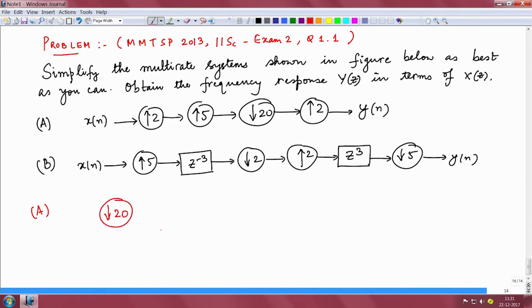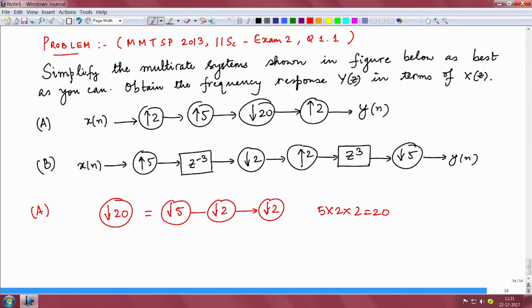Now, to go about the solution, what we will do is, we will split this downsampler, which is downsampling by a factor of 20, as downsampler by 5 followed by downsample by 2 followed by downsample by 2. Because 5 into 2 into 2 is 20, that is why we will do this and hope to see what happens next.